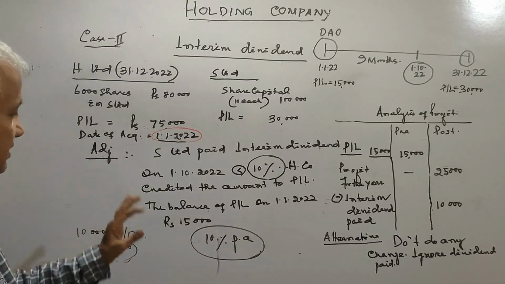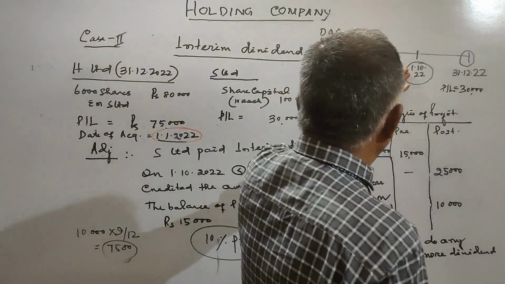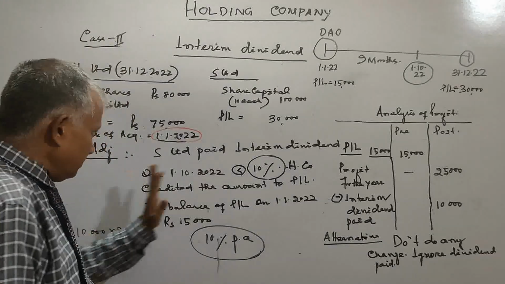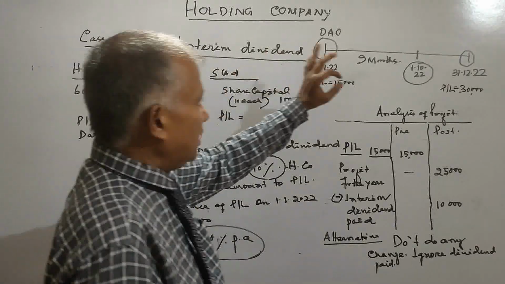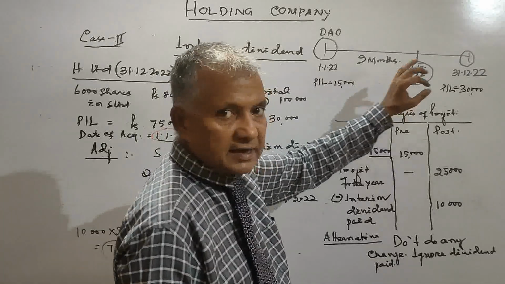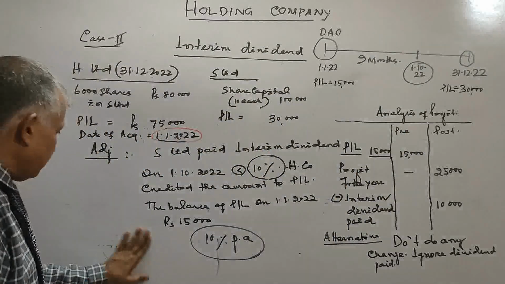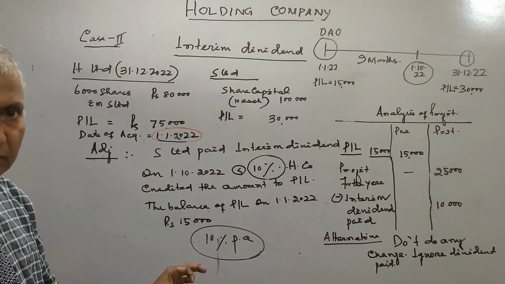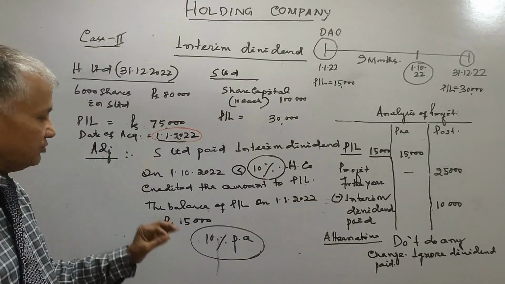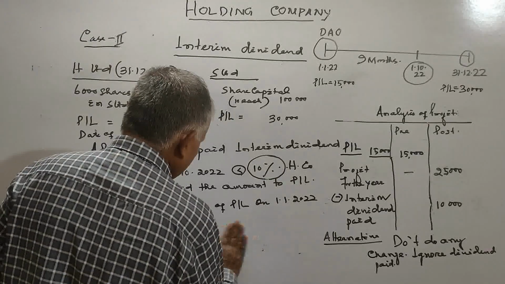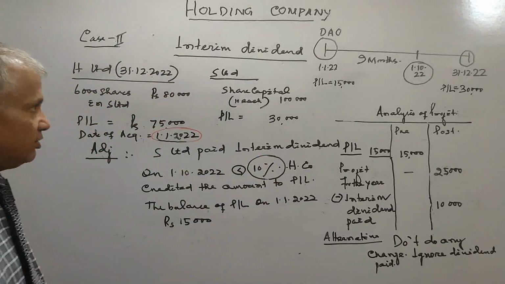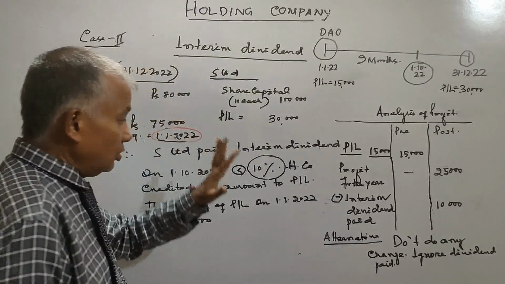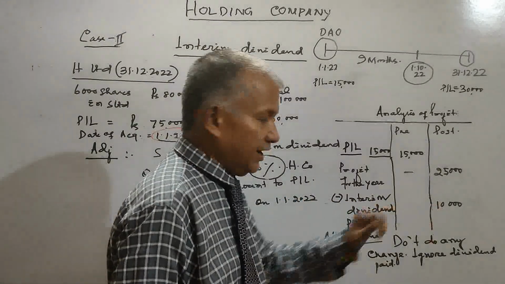So if it is 10% per annum, then calculate for 9 months. If it is simply 10%, then it will be 1 lakh into 10%, that is 10,000. But for 9 months, it will be 1 lakh, 10%, 9 by 12, this will be 7,500.